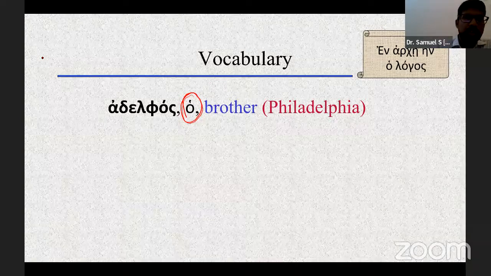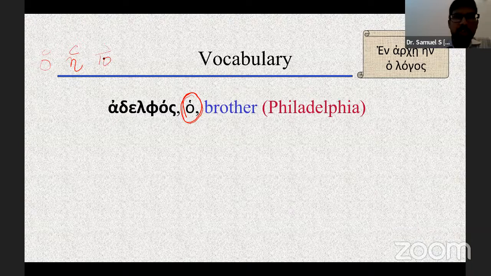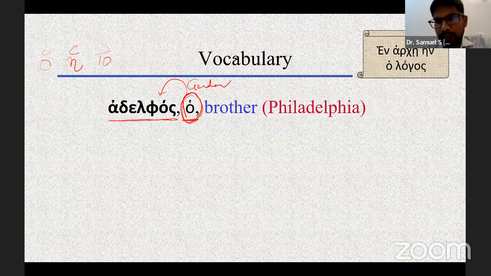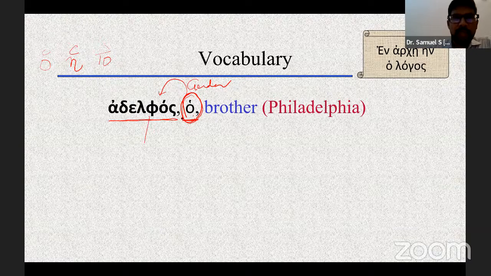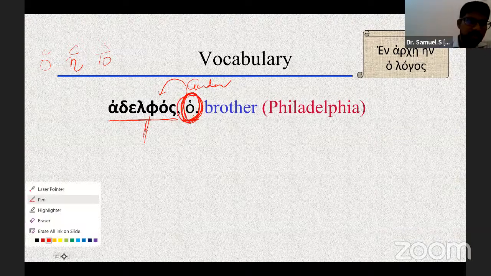Masculine, feminine, and neuter. In the masculine, it's ho. In the feminine, it's he. In the neuter, it's to. So when you have a noun and you have the article beside it, it's telling you what's the gender of the noun. So if you see Adelphos, comma, ho, it's communicating to you that Adelphos is a masculine noun, which has the masculine article to go with it.